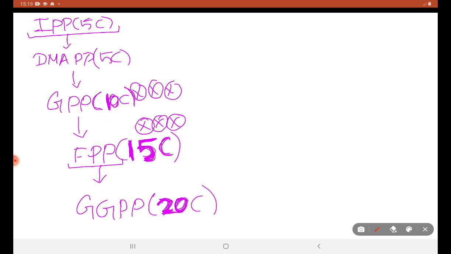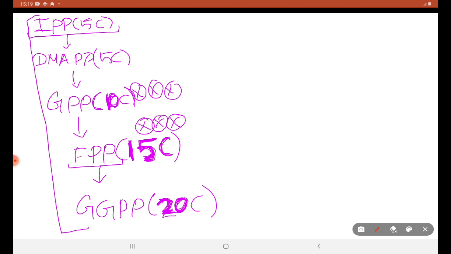So the 5-carbon compound is converted into dimethyl allyl pyrophosphate, then into the 10-carbon geranyl pyrophosphate, the 15-carbon farnesyl pyrophosphate, then the 20-carbon geranyl pyrophosphate.